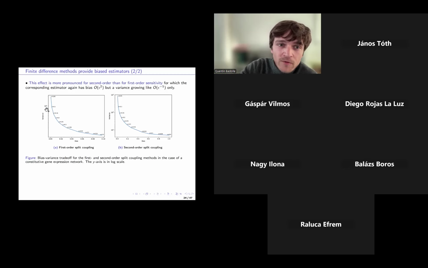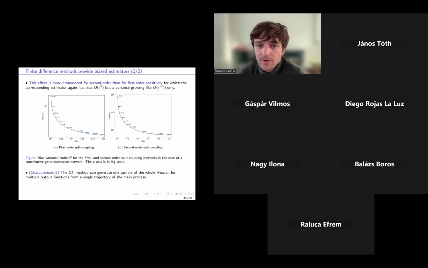Here the variance is of order 10, and here it's of order 10 to the power 3, for exactly the same epsilon. So it illustrates that this bias-variance trade-off is going to be much more detrimental for second order methods than for first order methods in the case of finite difference methods.